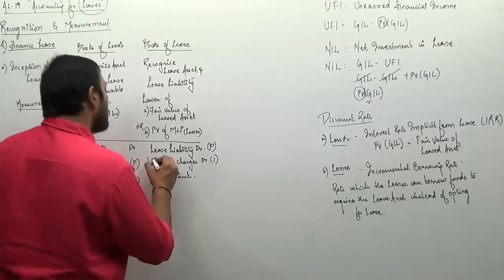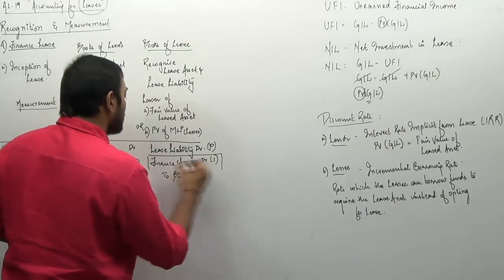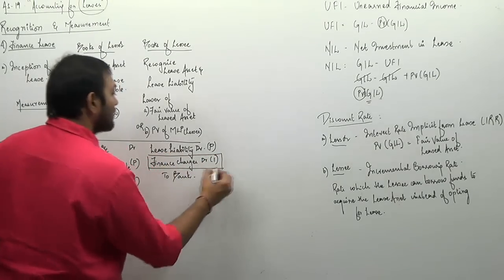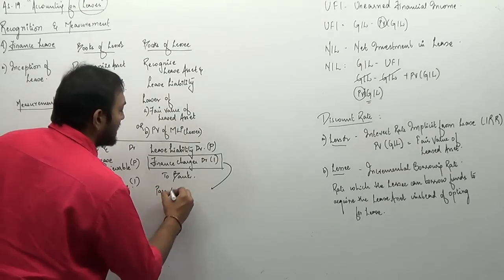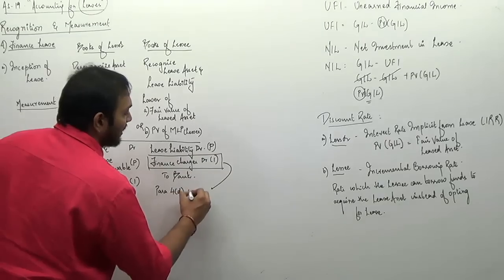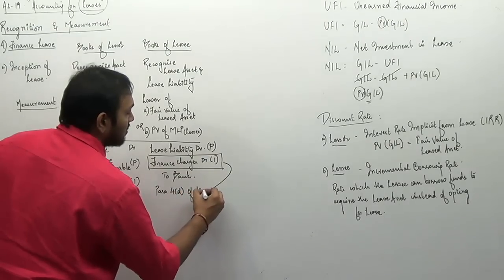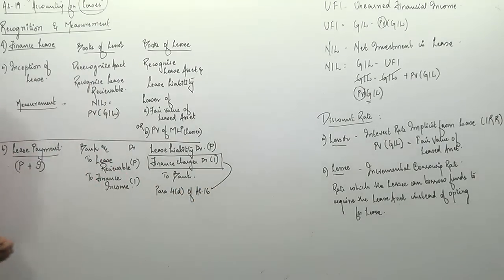Now I hope you remember this part. This part was para 4D of AS 16. If you remember, finance charges under finance lease was part of the definition of borrowing cost, given in para 4.